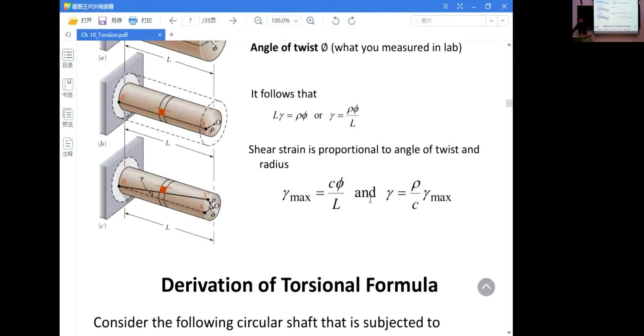So we do an experiment, and then from the triangle geometry we get this formula.